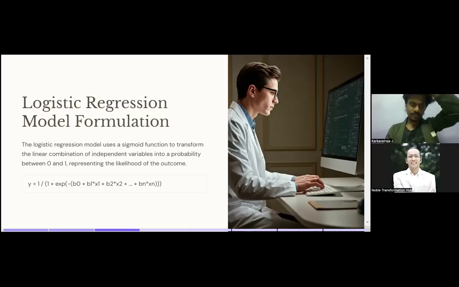So the formula is y equal to 1 divided by 1 plus exp of minus (b0 plus b1 into x1 plus b2 into x2 plus dot dot dot bn into xn), right? So this is the formula.